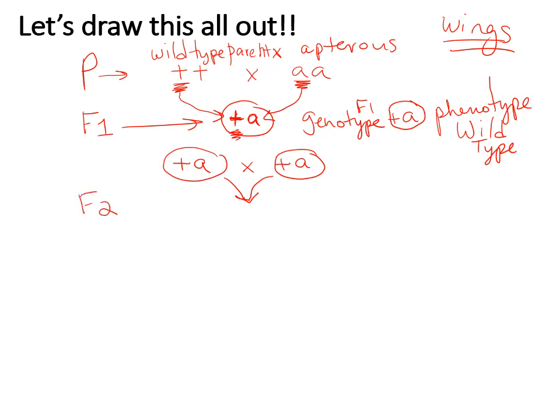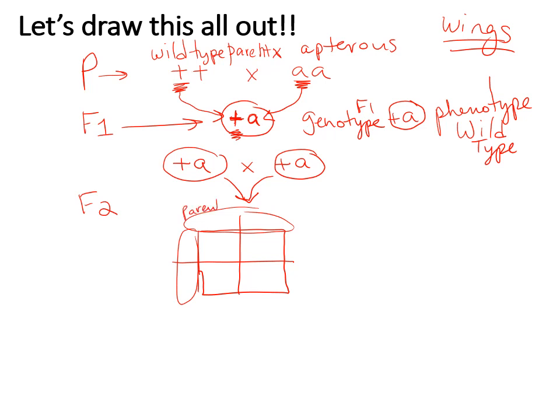And the way you can predict what the F2 generation is, you make a Punnett square. What you do is you have one parent's gametes up top here, and then the other parent's gametes on the side here. So you can remind yourself parent 1 and parent 2.